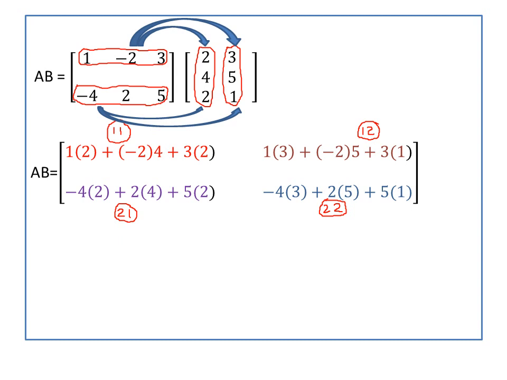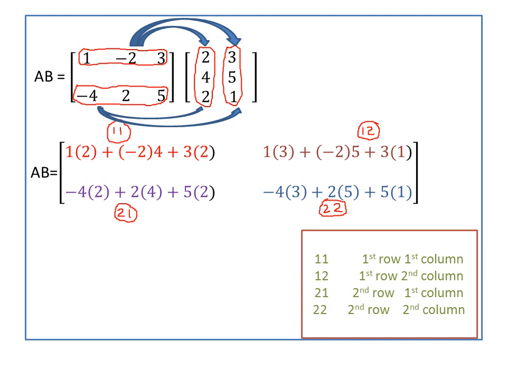For the last position, second row to the second column elements, minus 4 into 3 plus 2 into 5 plus 5 into 1. Here 1 1 denotes first row to the first column element, 1 2 denotes first row to the second column element, 2 1 denotes second row to the first column element, and 2 2 denotes second row to the second column element.